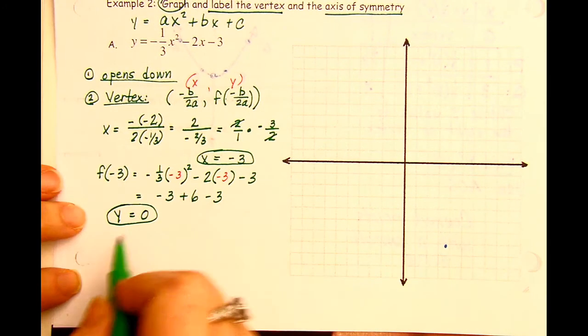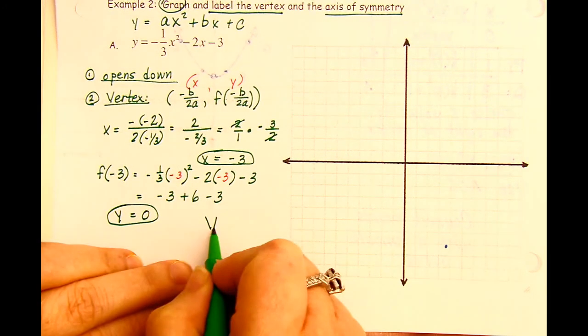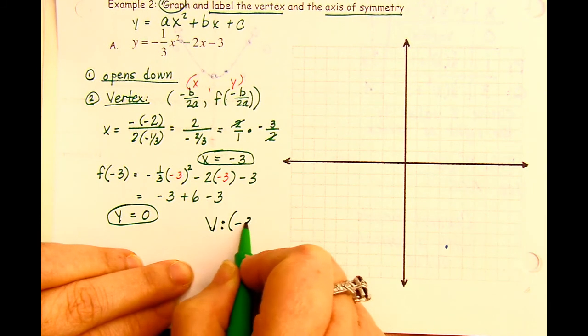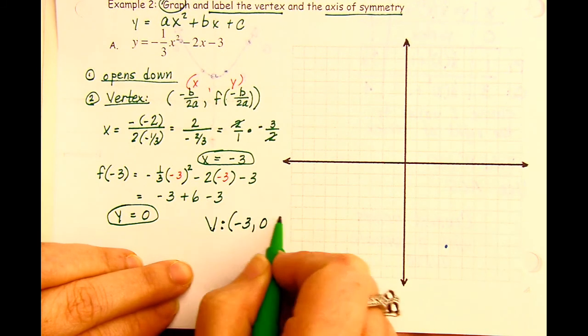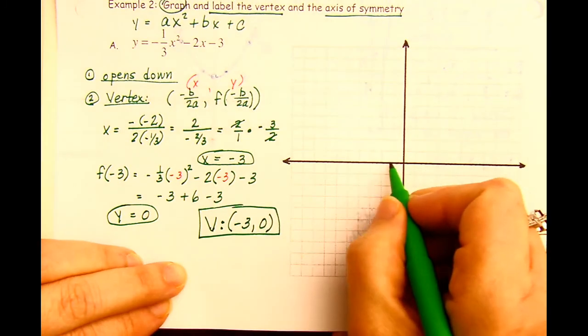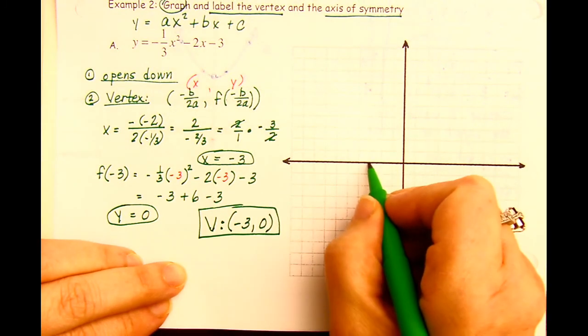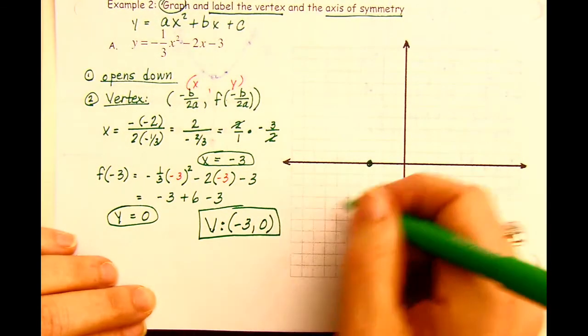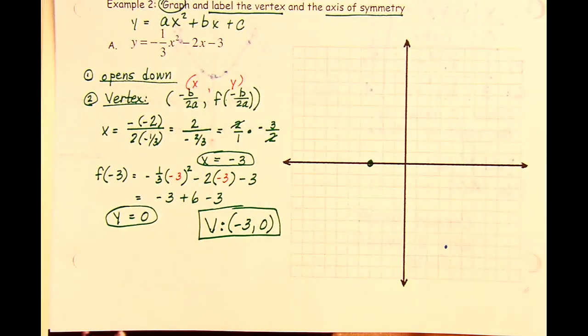Which means my vertex is the ordered pair negative 3, 0. So I'm going to plot that. X is negative 1, 2, 3. Y is 0. This thing opens down, so it should be going like this. All right.